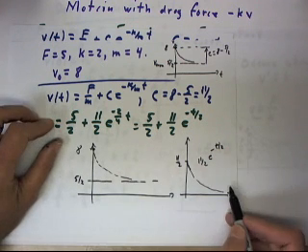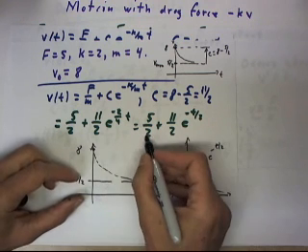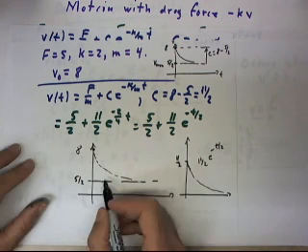What do we do to that function? We raise it 5 halves of a unit by adding 5 halves, and we get this function.